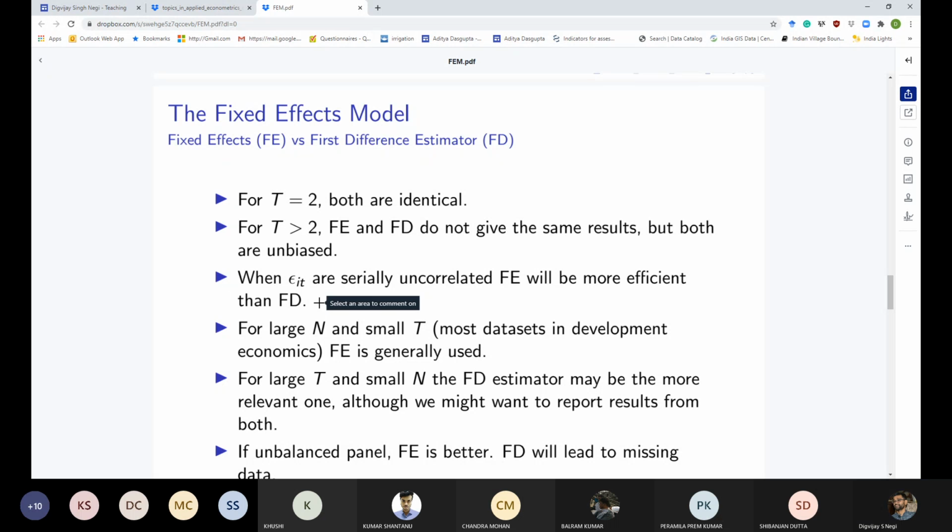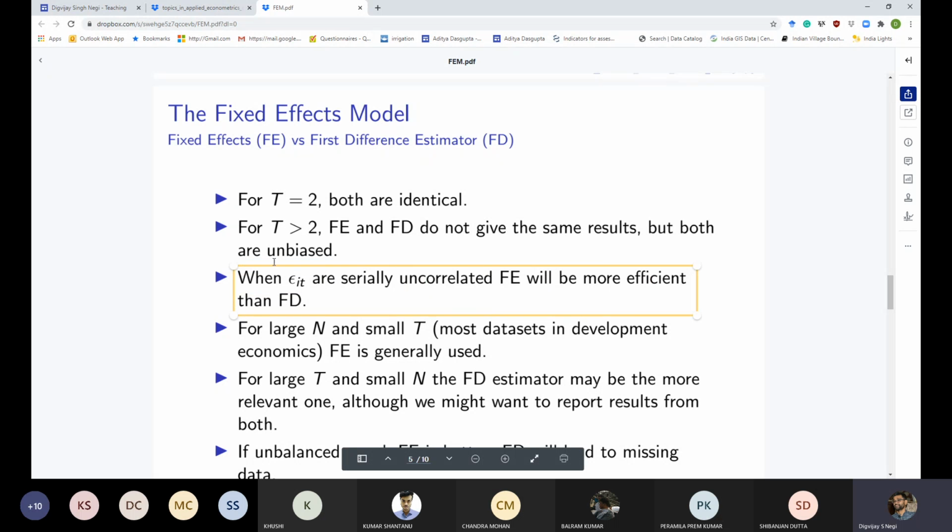But as we saw, first differencing will lead to serial correlation. So in general, the fixed effects estimator, the demeaning procedure, is more efficient than the first difference, right? So efficiency wise, it's better to do fixed effects.